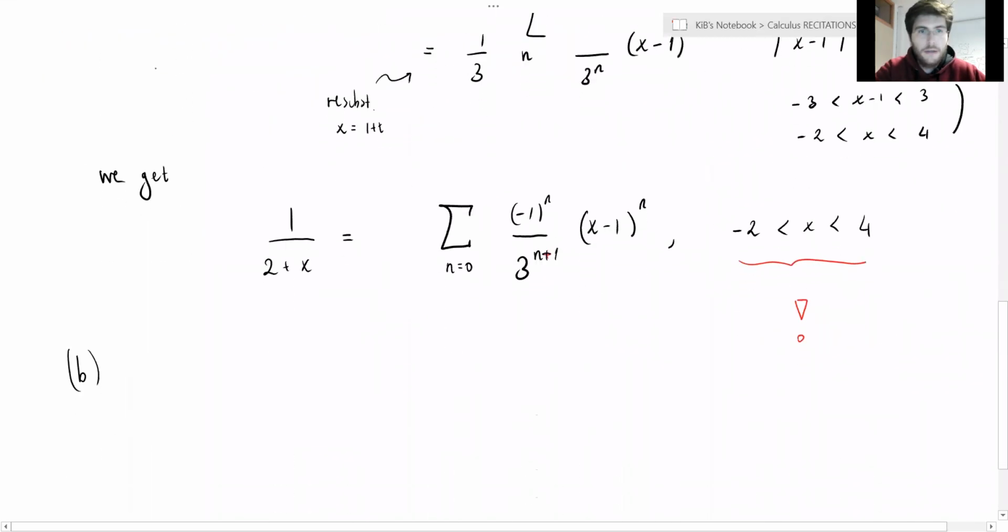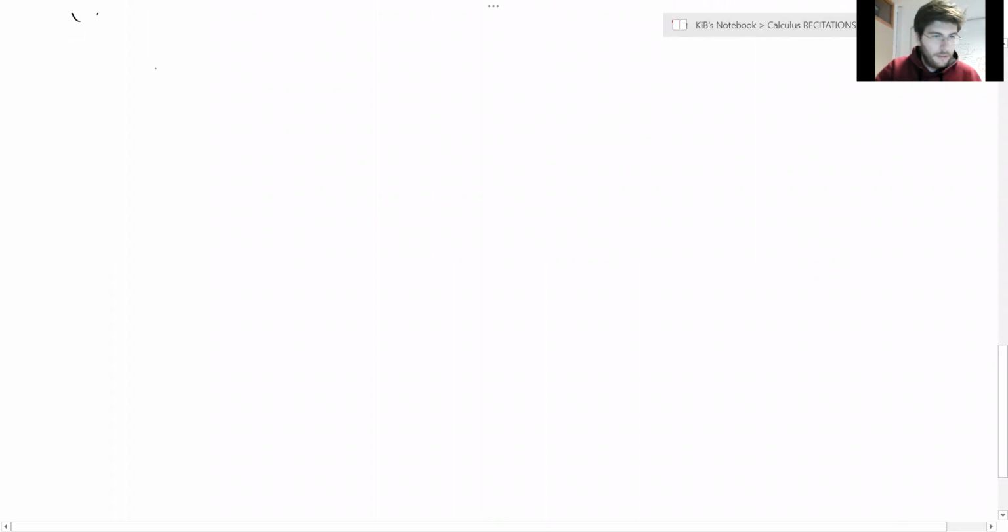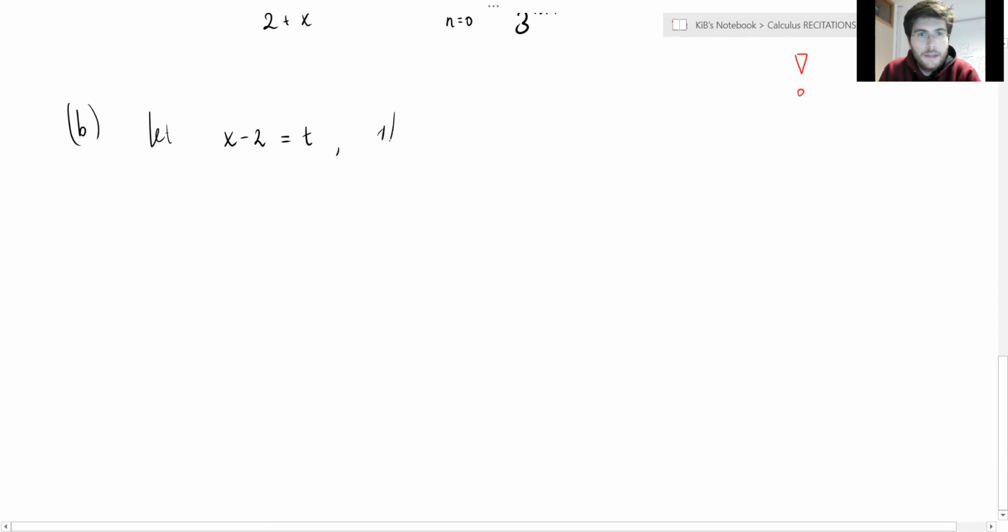Okay, so let's see what we have. For part B, we just let x minus 2 be t. So with this change of parameter, we get the following.